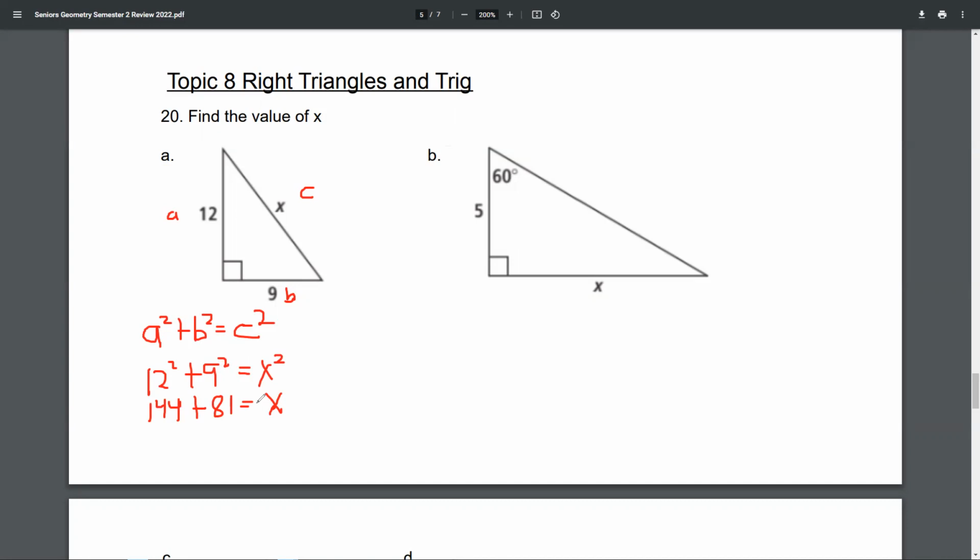Right, 144 plus 81 gives us 225 equals x squared. And then to get rid of the square, we have to take the square root of both sides, and that's going to give us 15. So x here is going to be equal to 15.